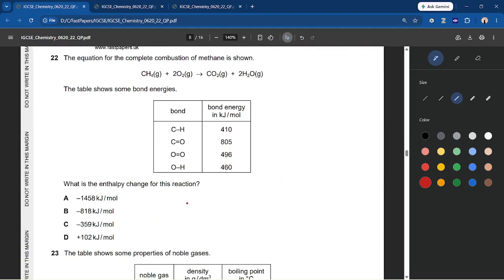The equation for the complete combustion of methane is shown. The table shows some bond energies. What is the enthalpy change for this reaction? So bond breaking is 4 into 410 plus 2 into 496.